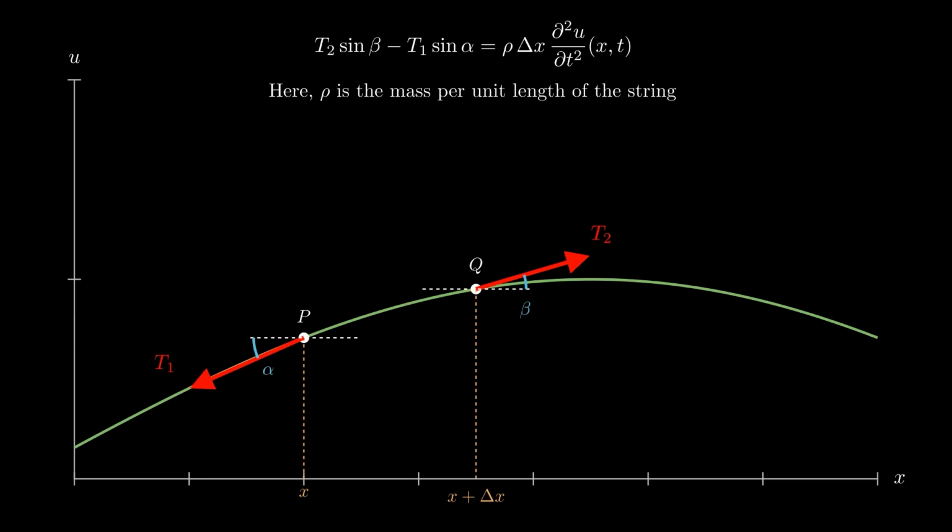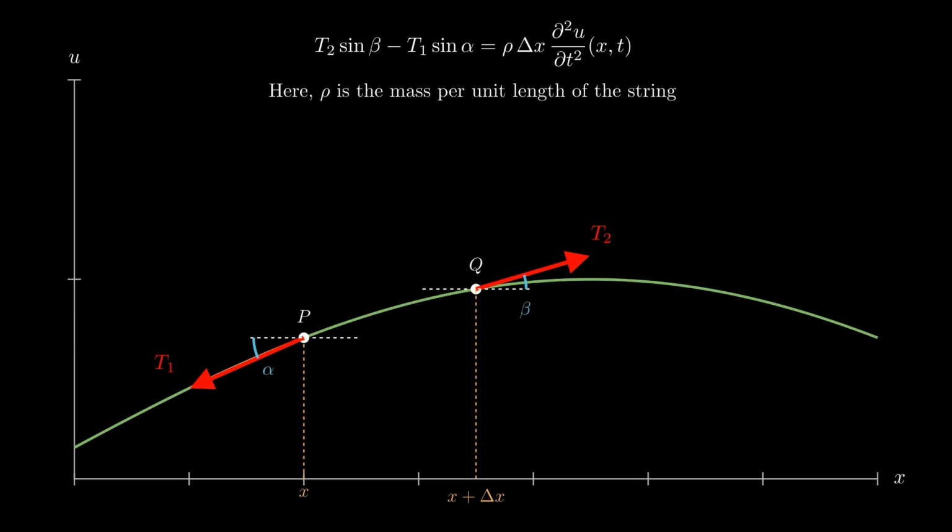So basically we see that rho is equal to the mass per unit length of the string. So that means it's kilograms per meter, or whatever length unit we have. And then we have that times delta x, so that we can then just get kilograms.